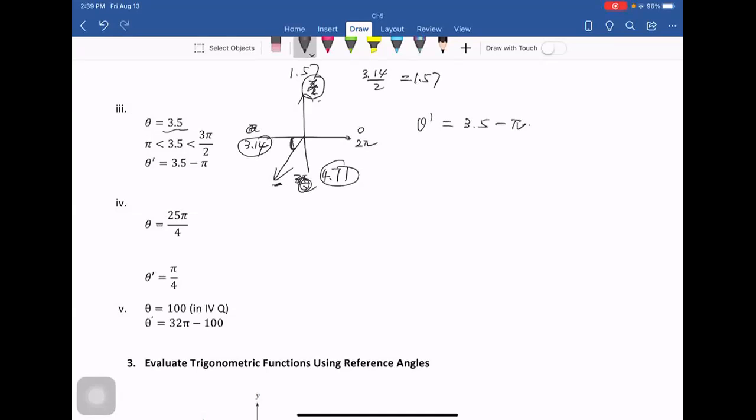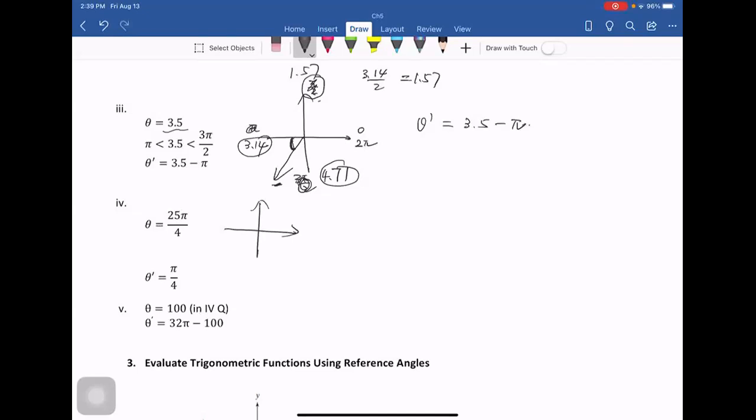Next one is theta equals 25 pi over 4. I could draw the picture, but I'd like to find the coterminal angle to make it simple.